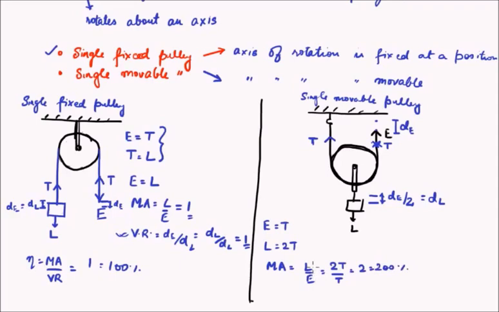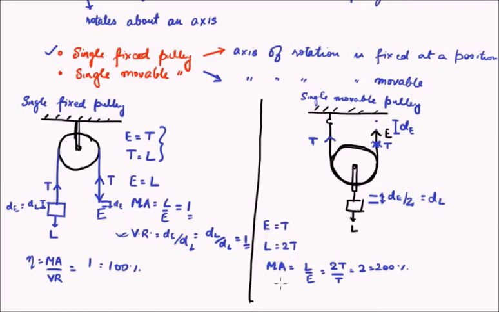What does this mean? This means that we require only half the value of load in terms of effort to move the load. So if we have something of 100 kilogram force here, we need to apply just 50 kilogram force to move this load.